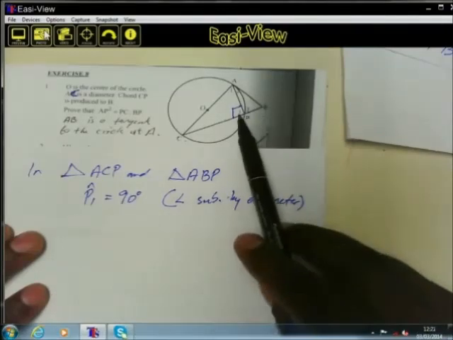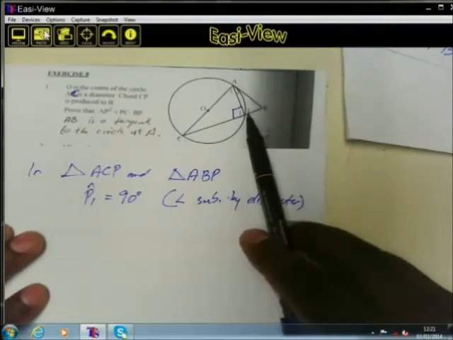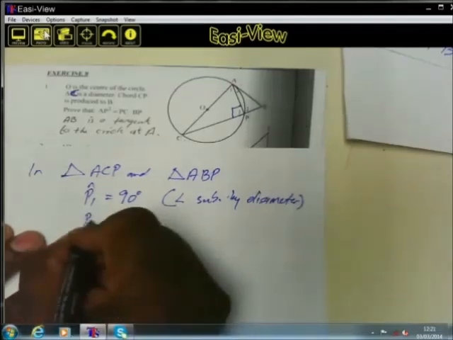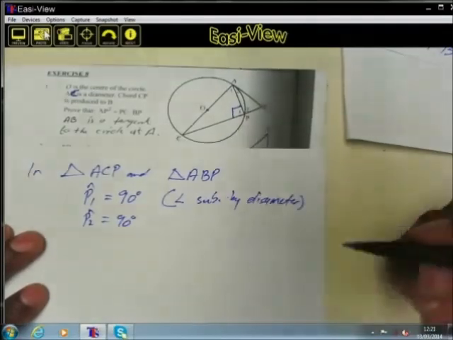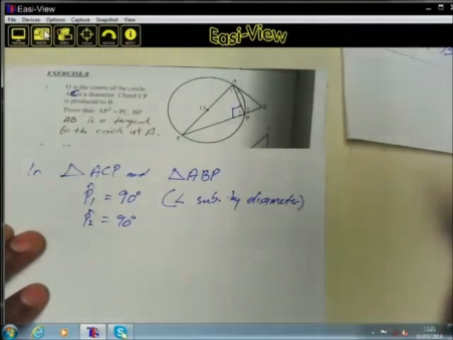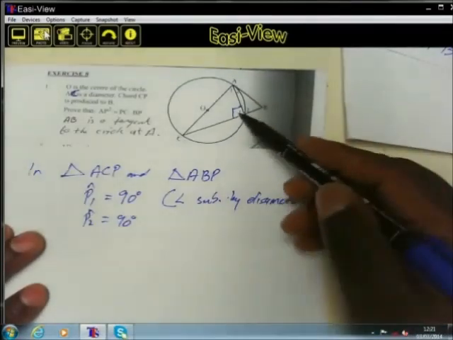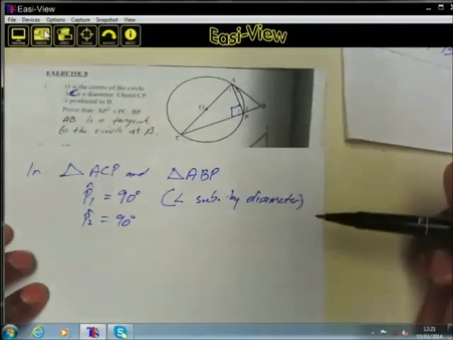Check angle P2. If P1 is 90 degrees, what will be the size of P2? P2 will also be equal to 90 degrees. Why? Because P1 and P2 are angles on a straight line, so they should add up to 180 degrees. So if P1 is 90, P2 must also be 90.